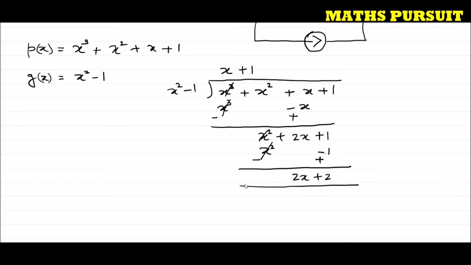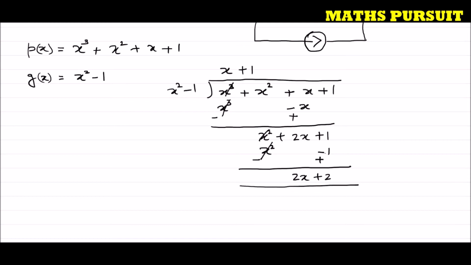Here you could see that the degree of the divisor is 2, and the degree of this remainder is 1. So here our division process will stop because the remainder is now less than the divisor.